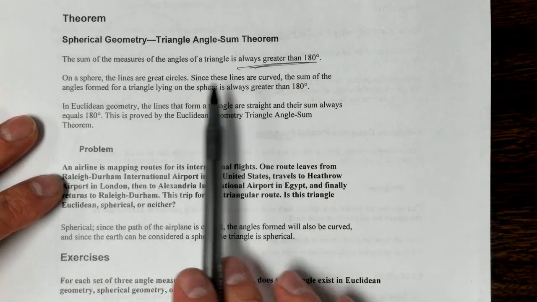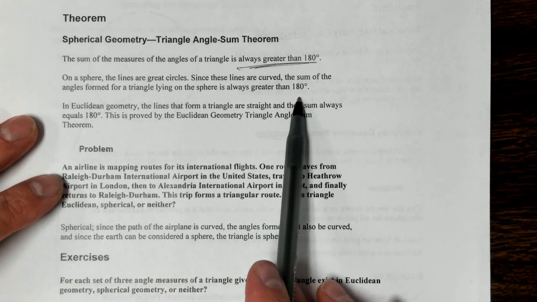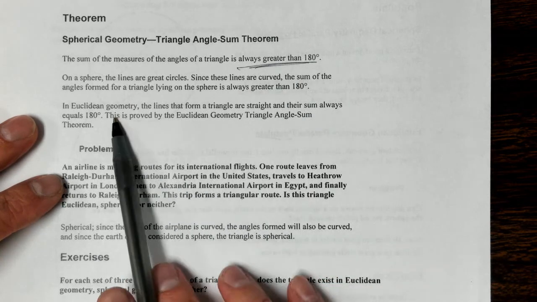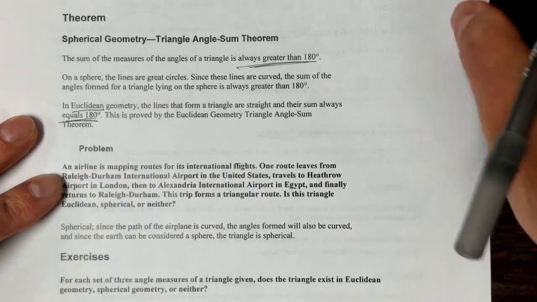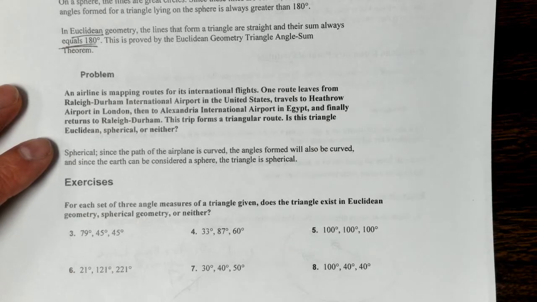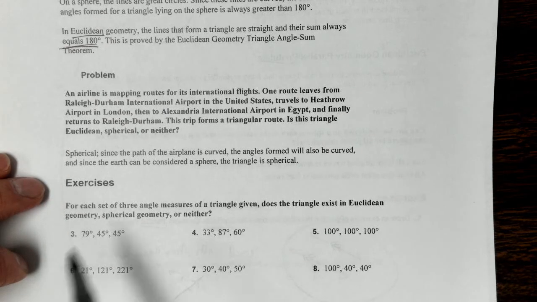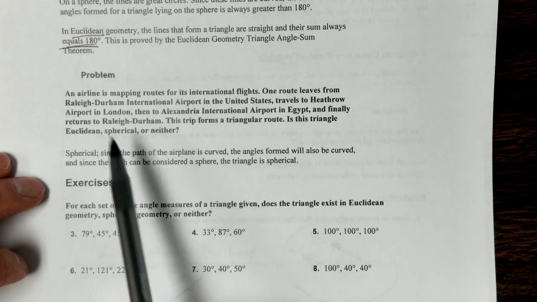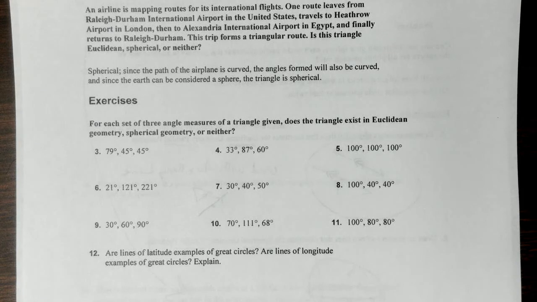Lines are great circles, so the sum of the angles is always greater than 180. In Euclidean, it equals 180. Let's skip the sample problem and get to the exercises.